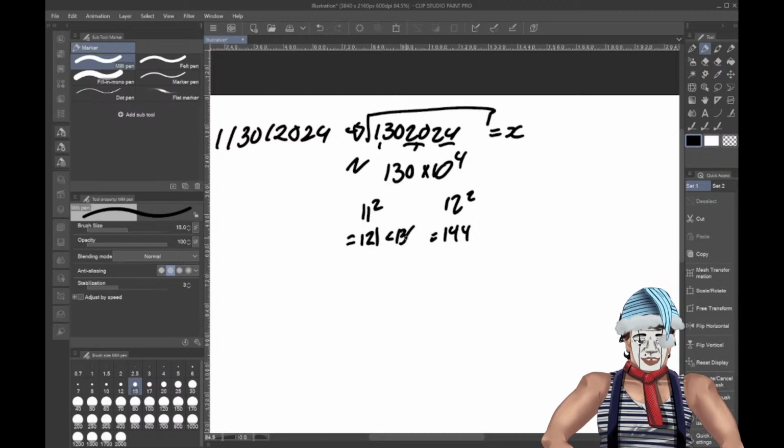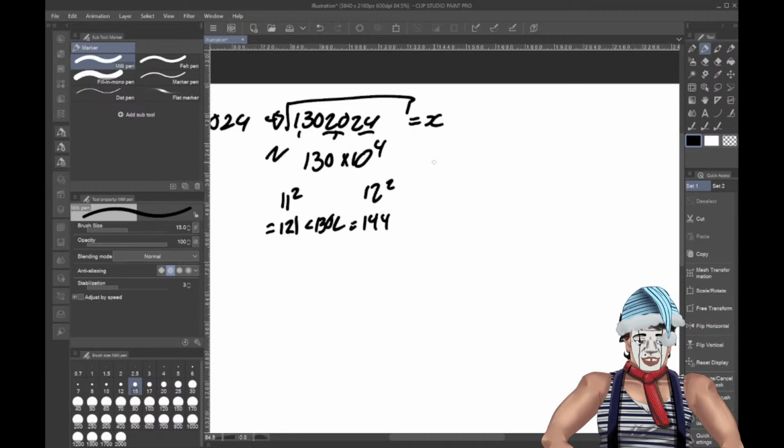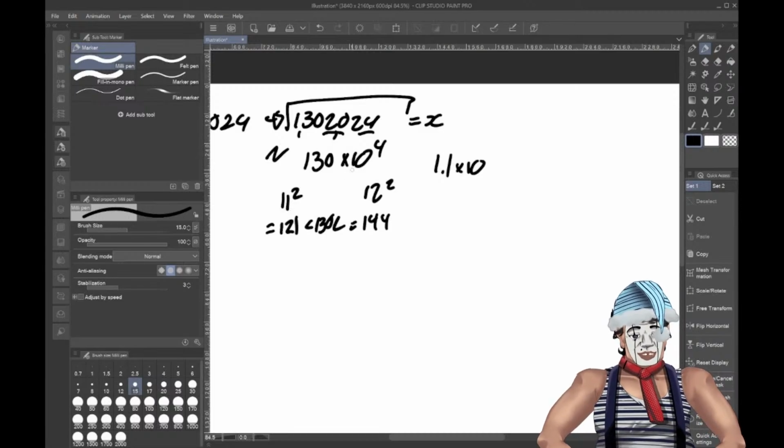So that means that x, the square root of 1,302,024, is around 11 times 10 to the... hold on.